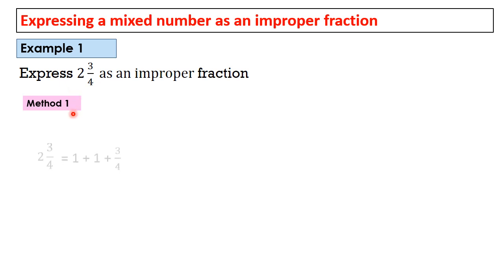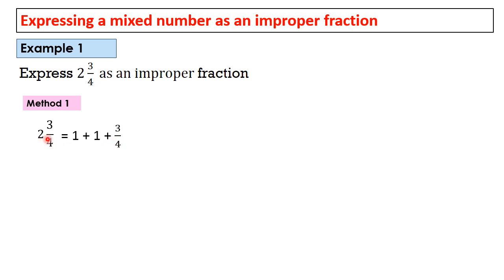Method 1. The method 1 says when the mixed number is given, we need to separate the whole number part into ones and the remaining fractional part also separately. Now here 2 3/4 is written as 1 plus 1 plus 3/4.